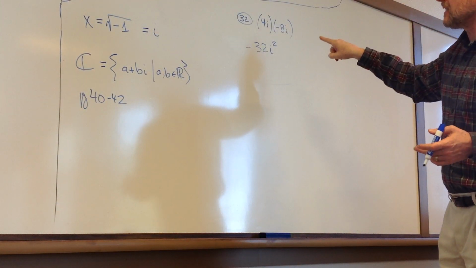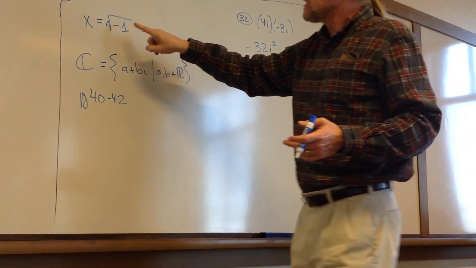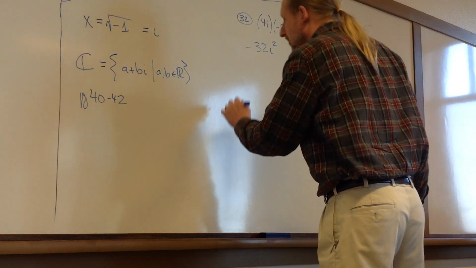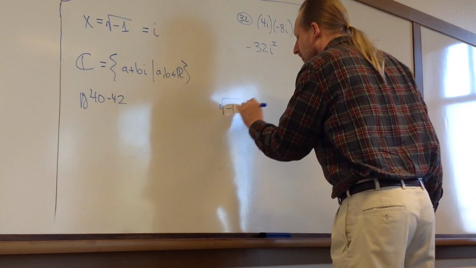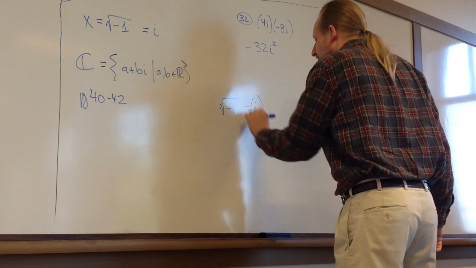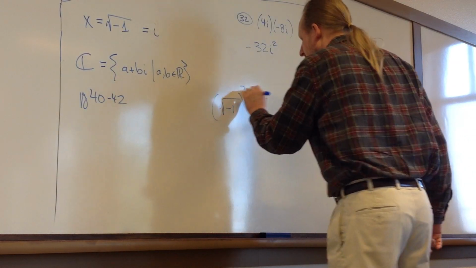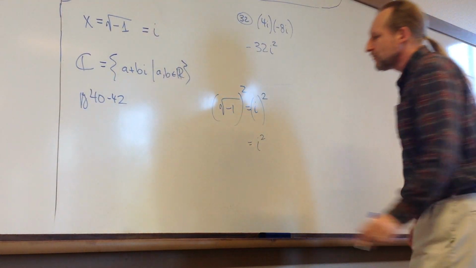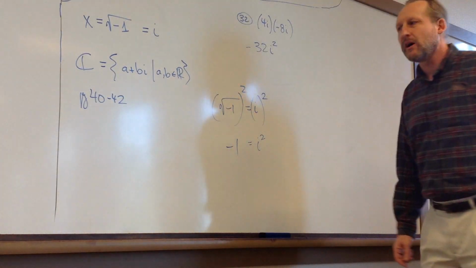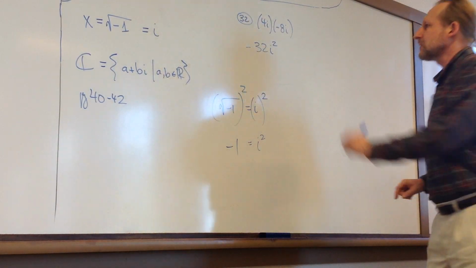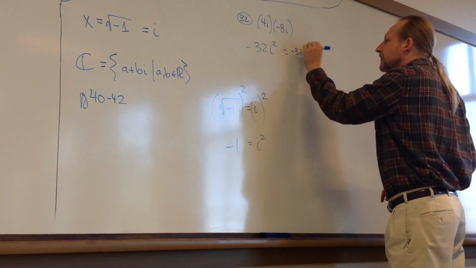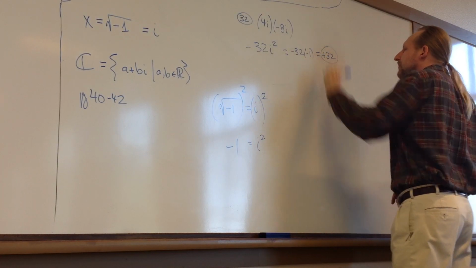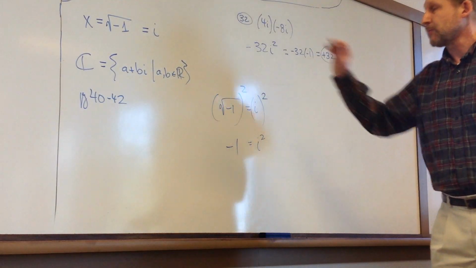The trick here is that if i is the square root of negative 1, if we square both sides here, this will be i squared. The square root of negative 1 squared is negative 1. So this is equal to negative 32 times negative 1, which is positive 32. And that's our answer for this problem.